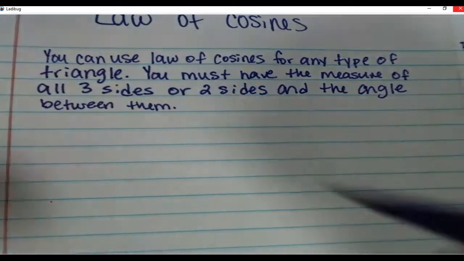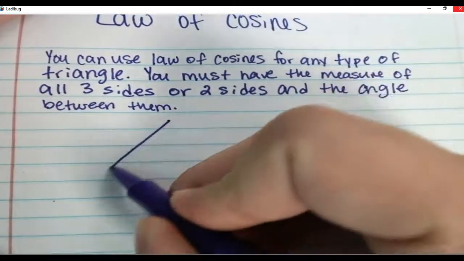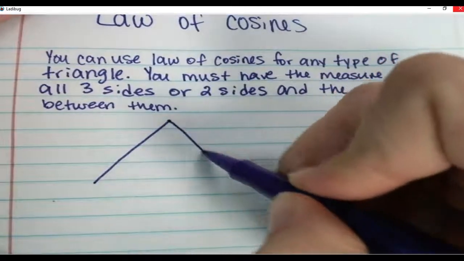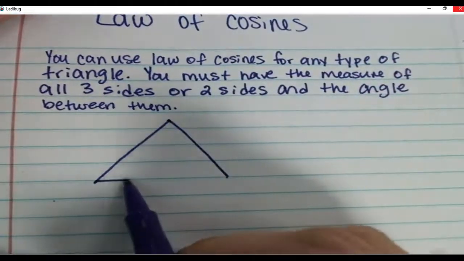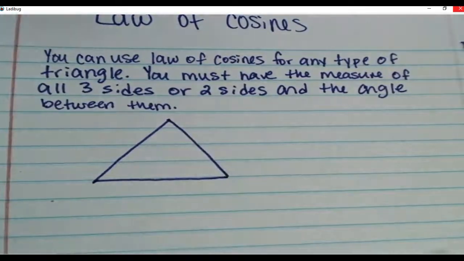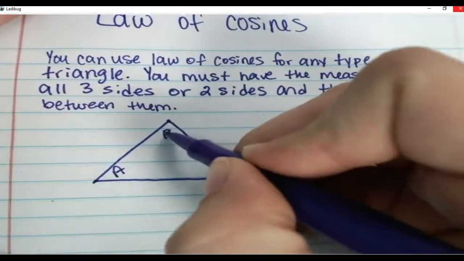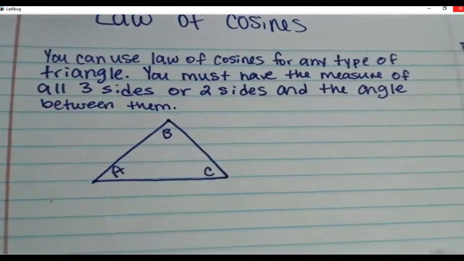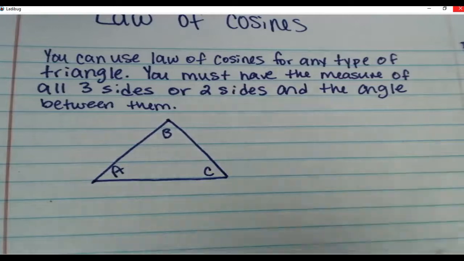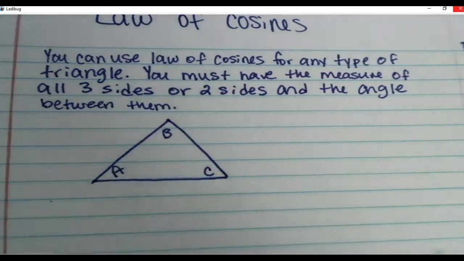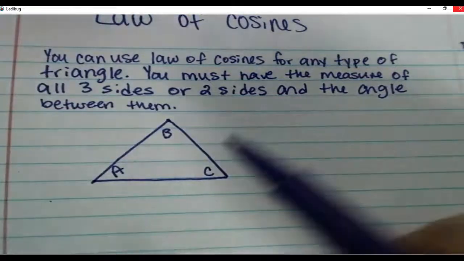Okay. So let's draw our same triangle from yesterday. So our angles are capital and our sides are lowercase, opposite of the angle.